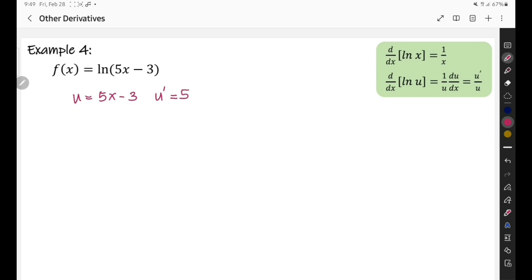Okay, so if you apply the formula here, f prime of x is equal to u prime over u. So that would be 5 over 5x minus 3. And that's it.